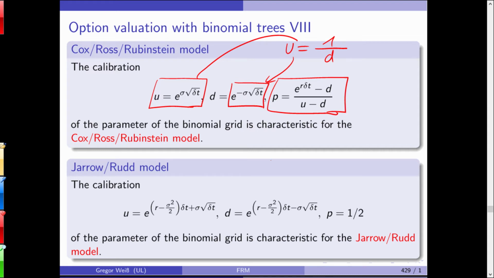Now, if we set p equal to 0.5, the physical probability of going up is 50% and going down is 50%, we get slightly different pseudo risk-neutral probabilities. Actually, you get u and d here. And this is the Jarrow-Rudd calibration of a binomial lattice process. So the first one is Cox-Ross-Rubinstein, and the second is Jarrow-Rudd.